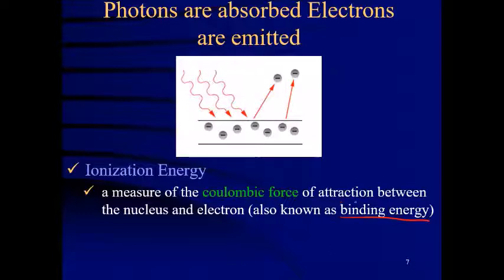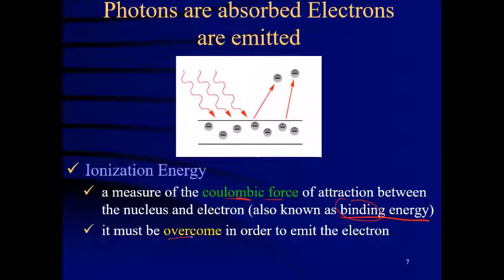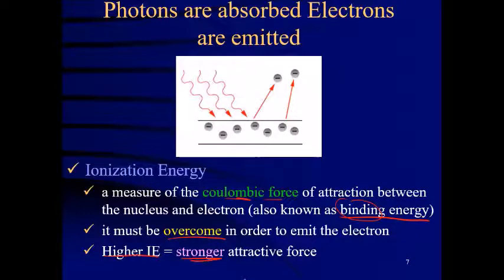One is referring to the attractive force, this Coulombic force. The ionization energy is the energy needed to remove. So they're really referencing the same point here. The ionization energy must be overcome in order to emit the electron. The higher the ionization energy, that means it's a stronger force, obviously. You need more energy to overcome the force.